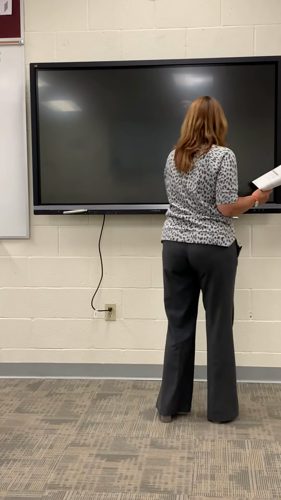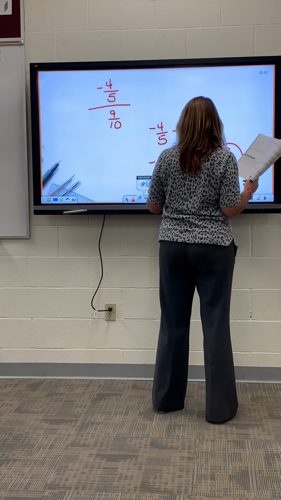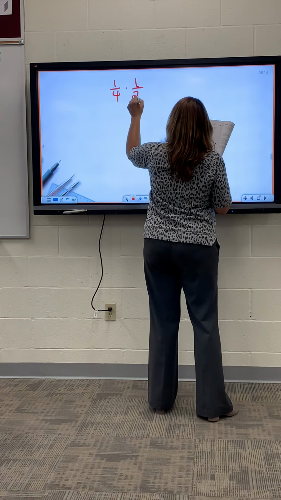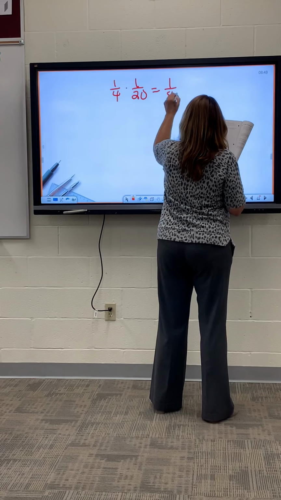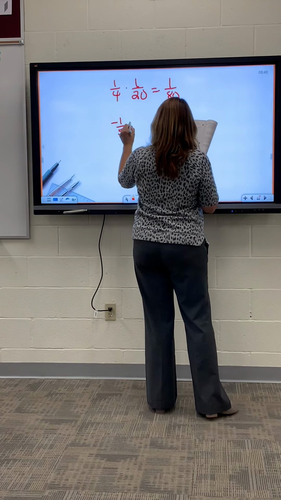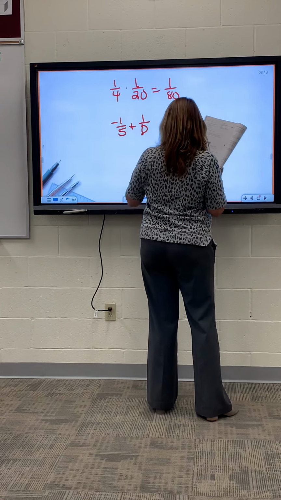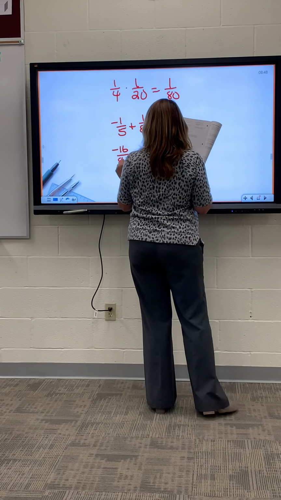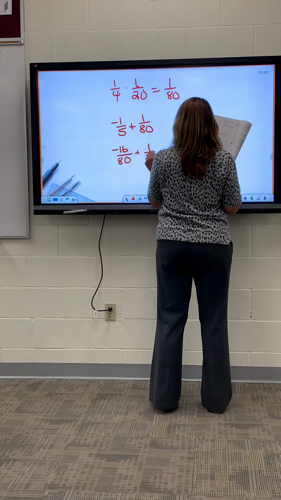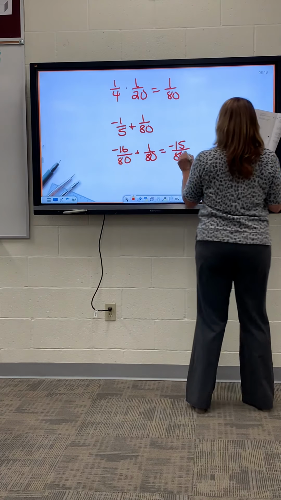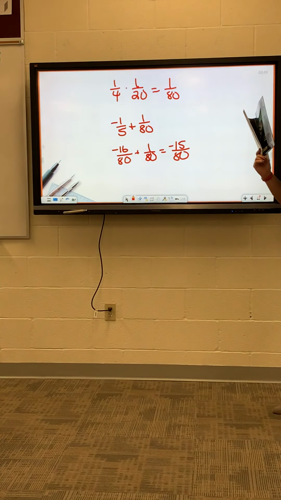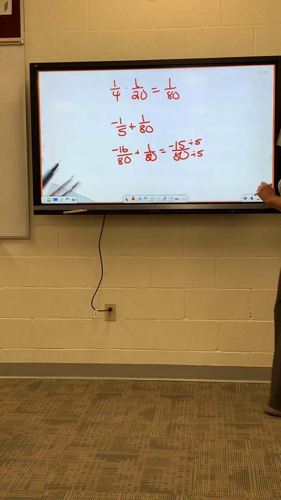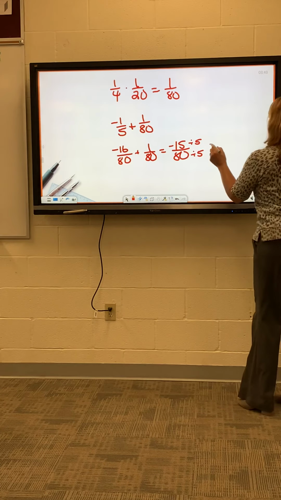So if you have negative 16 eightieths, and then you add 1/80th to that, it's basically 16 minus 1, and then 15/80th, and then you have to make that negative, and then you can simplify that more. Divide it by 5, and then it's 3/16. Negative, right? Yeah.